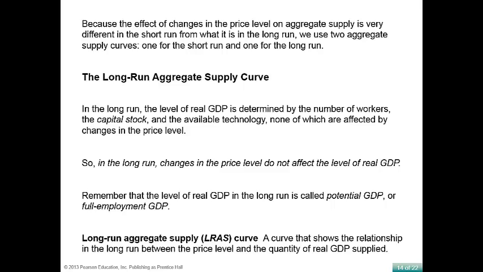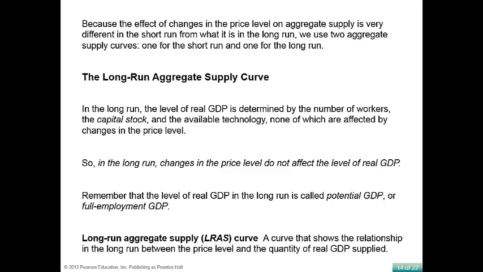In the long run, changes in the price level do not affect the amount of output. The reason is that both input costs and output prices are fully flexible in the long run, which means firms could adjust their price to keep the same profit level regardless of whether the cost of making the product goes up or down. In this case, they keep their profit margins flat.